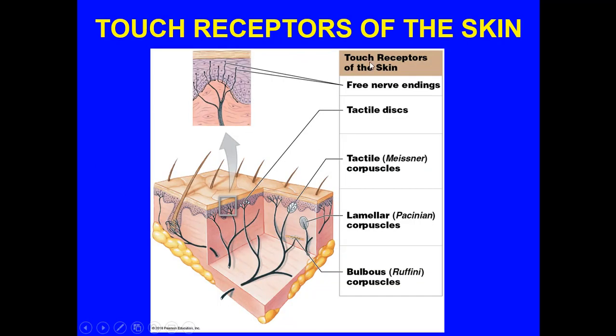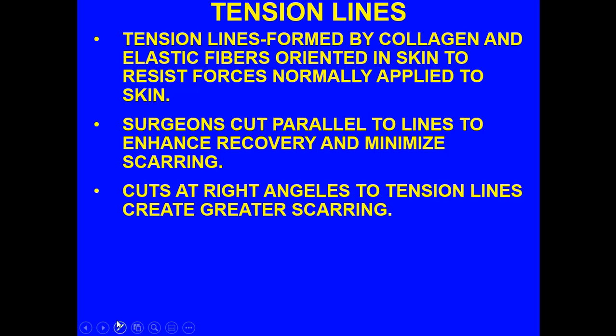So you can see how these are all arranged here, from free nerve endings, tactile discs, Meissner corpuscles, Pacinian corpuscles, and the bulbous ones. It's interesting to note that a lot of these are just like raw nerve endings, but with structures built around them for the purpose of being able to sense certain frequencies of vibration or pressure, and yet they're immune to all the other types.